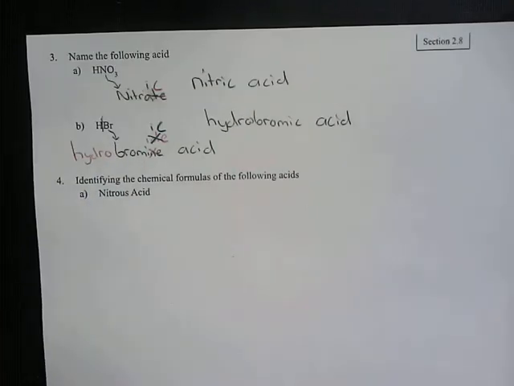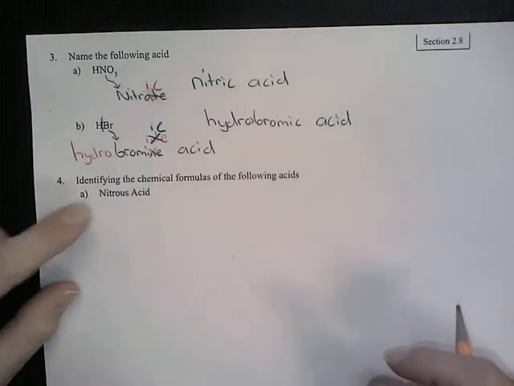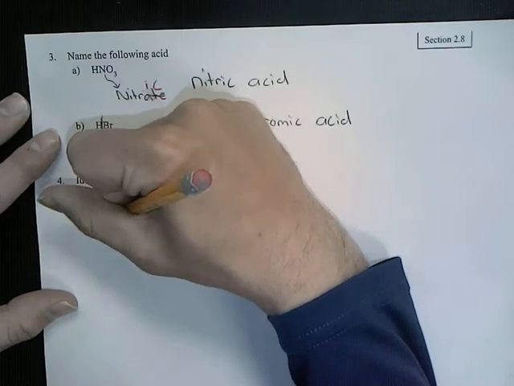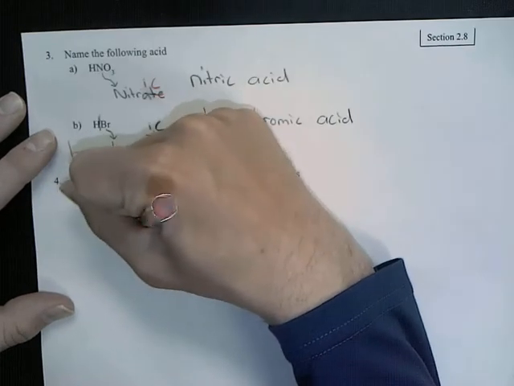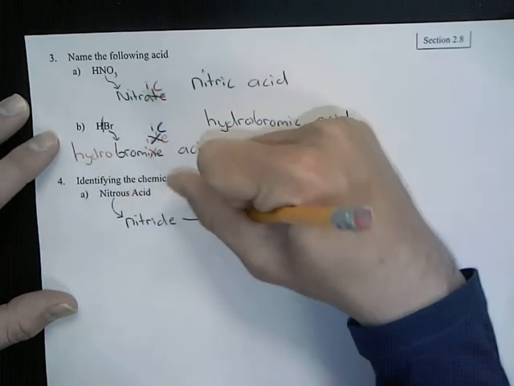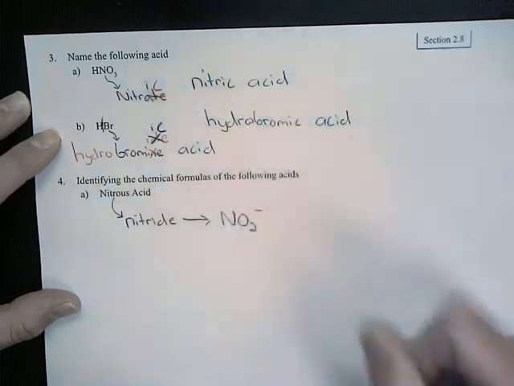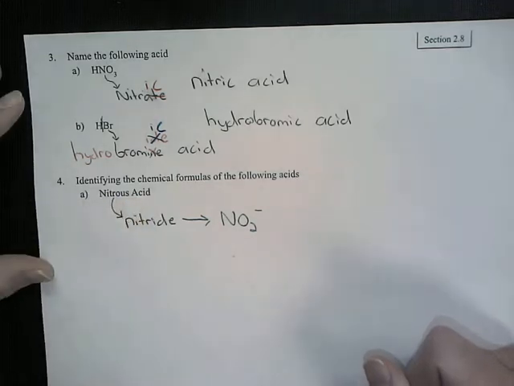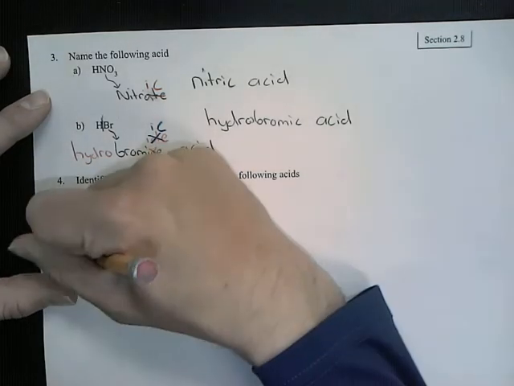Now, let's go backwards. Let's name nitrous acid. Nitrous, OUS, means that this was nitrite. If you look up nitrite, it is NO2 with a 1 minus charge. Because there's an acid after this, we need H pluses.